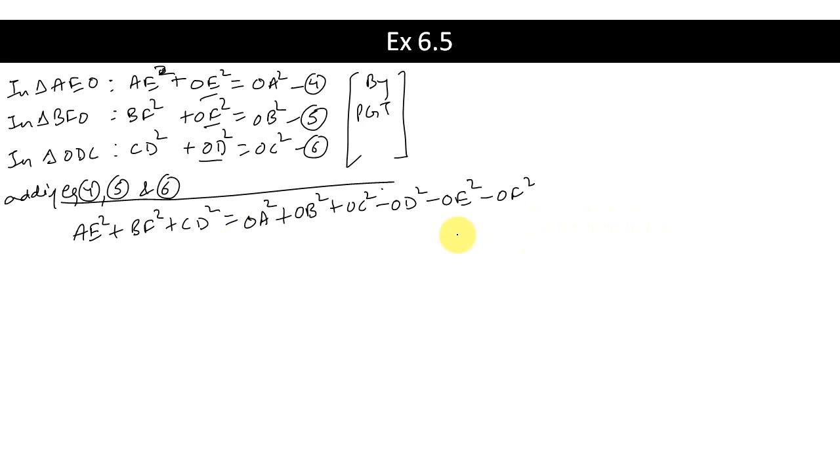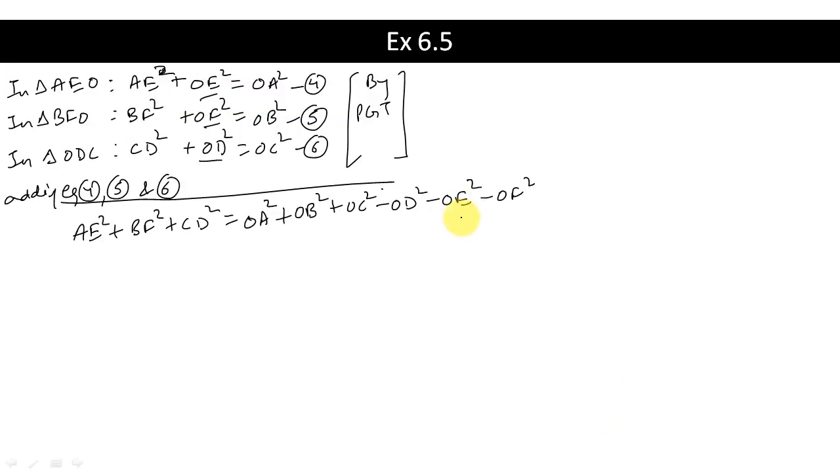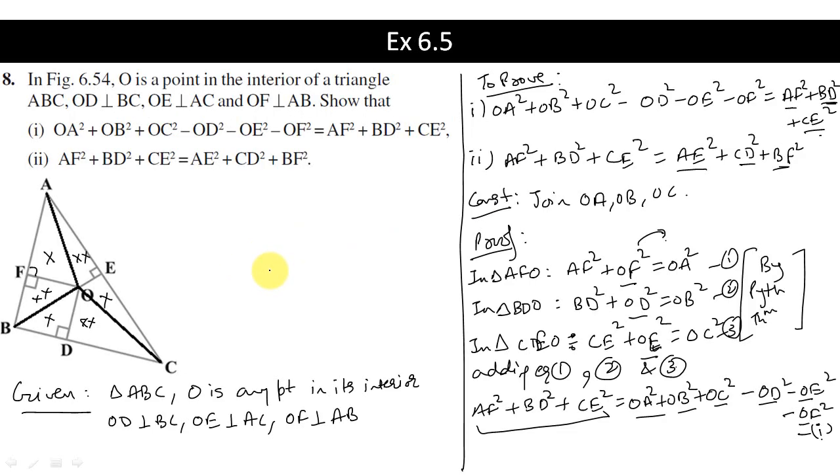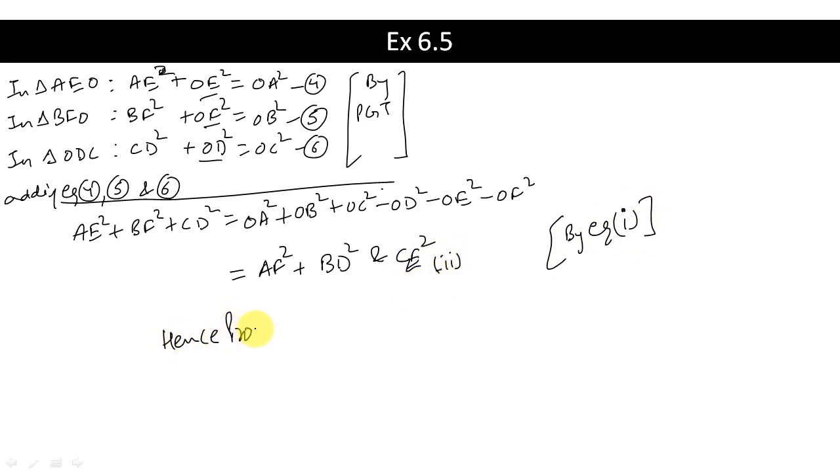Since from equation number 1, OA square plus OB square plus OC square minus OD square minus OE square minus OF square was equal to AF square plus BD square plus CE square, in place of this right hand side, I can write AF square, BD square and CE square. This is by equation number 1. And this is our second part. Okay. Hence proved.